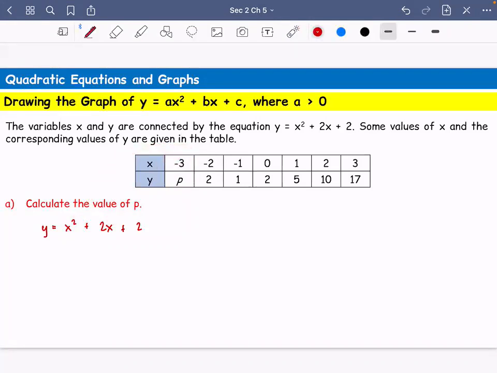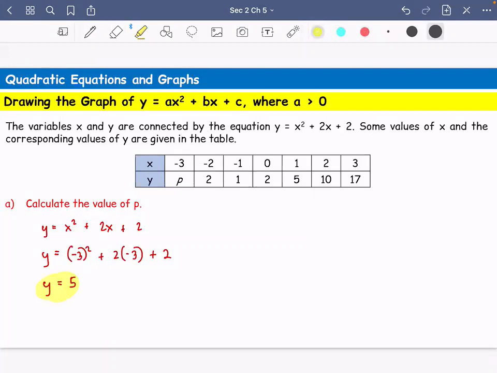Okay, so it becomes y is equal to -3 squared plus 2 times -3 plus 2. So what is your y value, or in this case, what is your p? P is 5, right? Or y is 5. So that's your answer for letter A. Okay, that's for letter A.